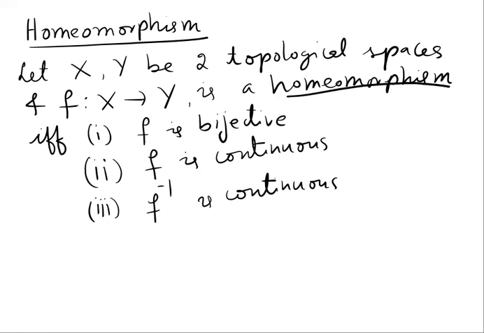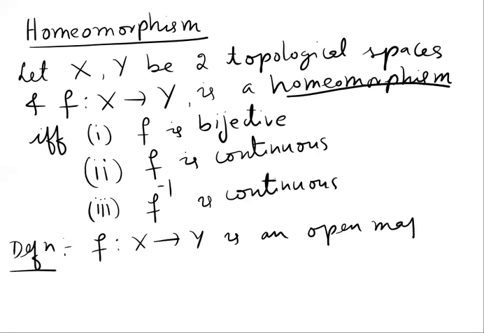Then let us see two more definitions. A function from X to Y is said to be an open mapping if this function f maps open sets to open sets.